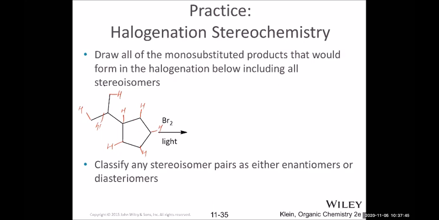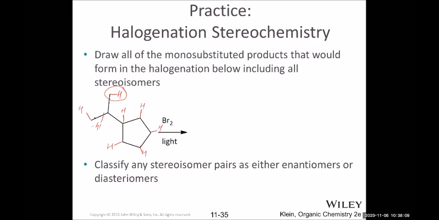If we're talking about mono substitution, this will be one new product. This is a methyl group, which is the same as this methyl group. These two are identical. So again, we get into a twin situation.